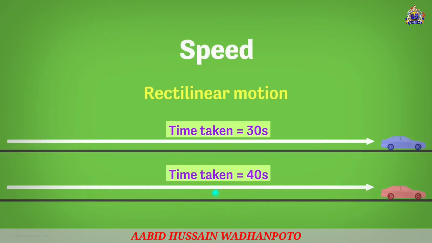If any object takes less time to reach a particular distance, then it has more speed, and if any body takes more time, then its speed is less.